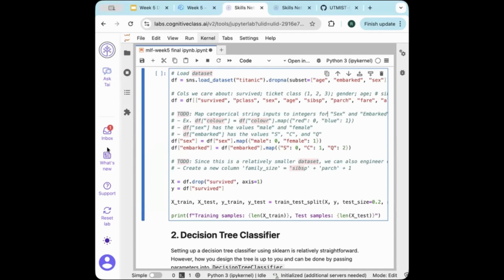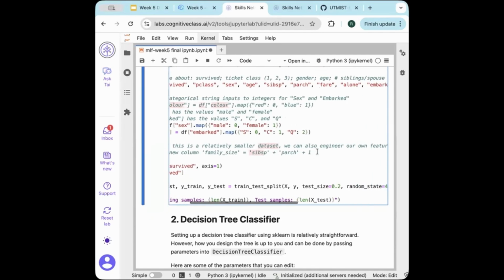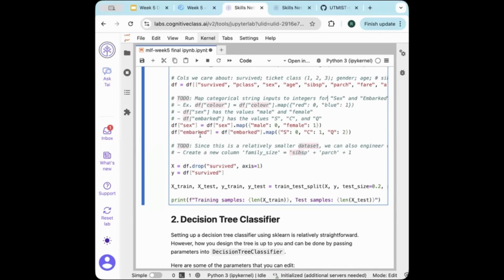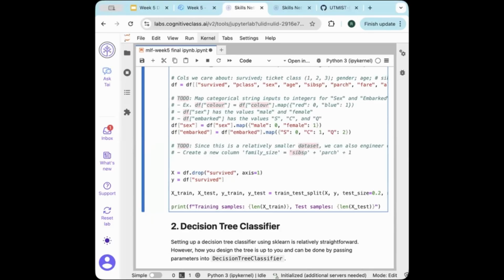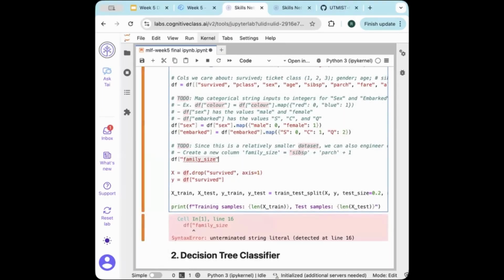Since this is a relatively small dataset, we can also engineer our own features to include a new column, which would be family size. Give me a second here. I'm going to assign a new feature called family size.